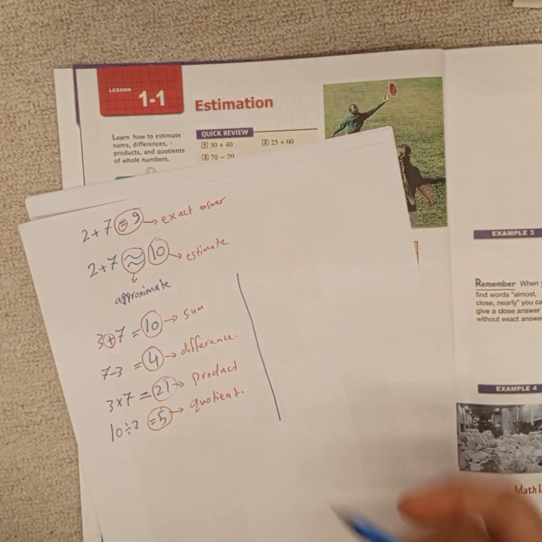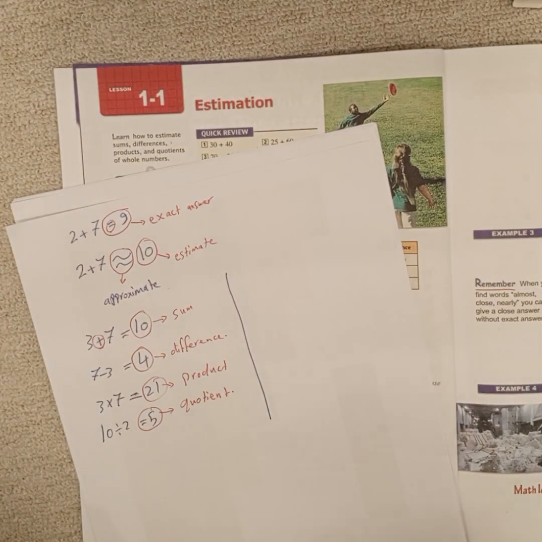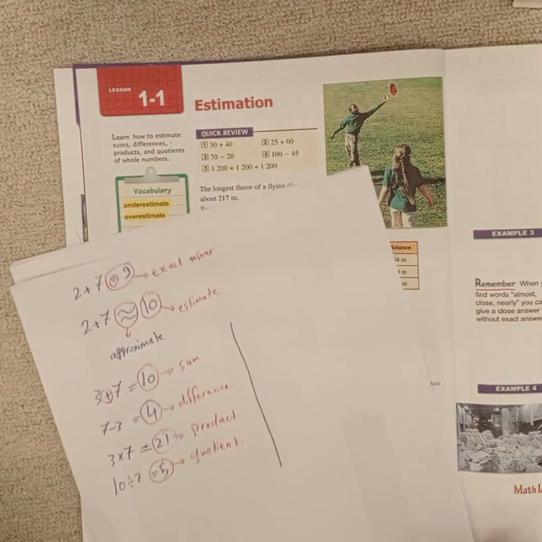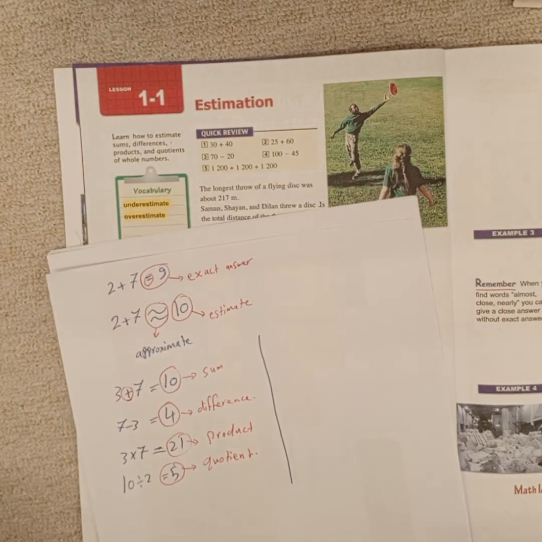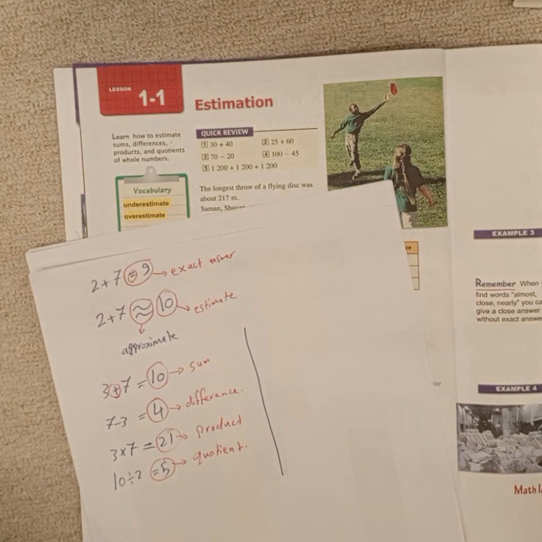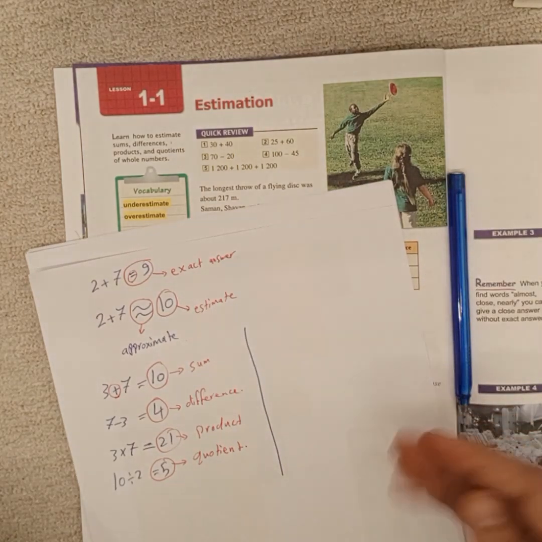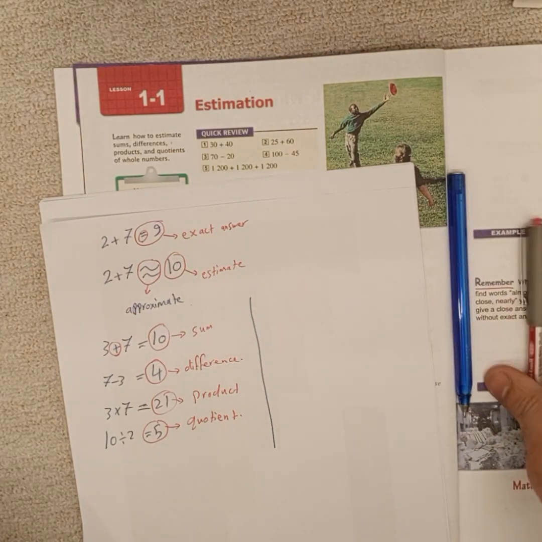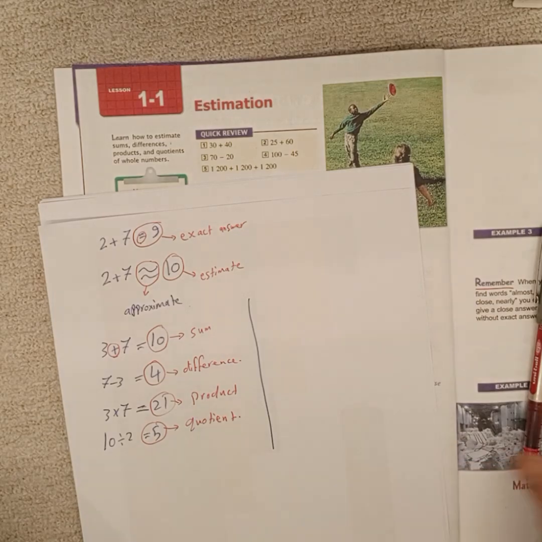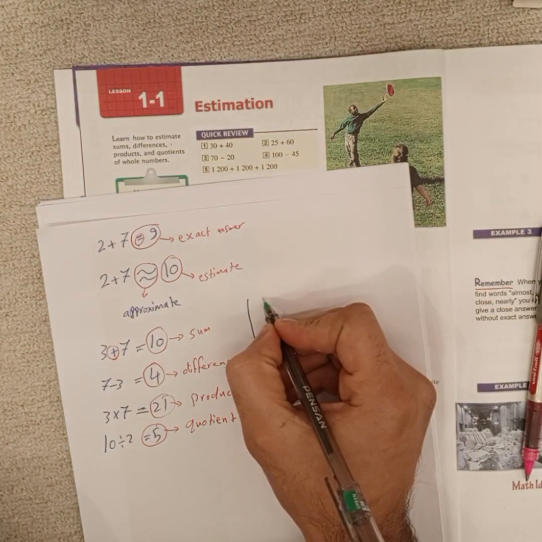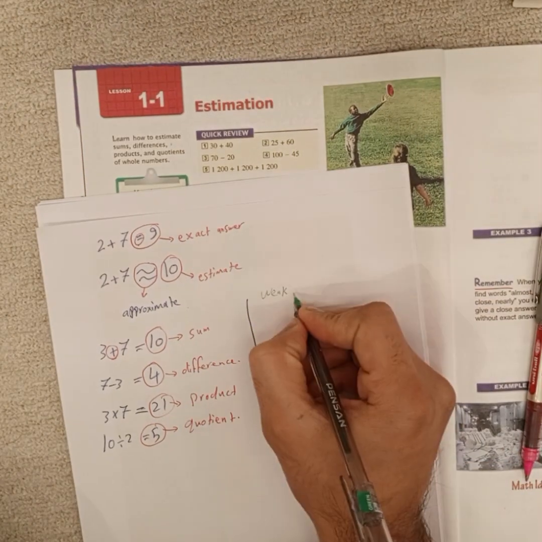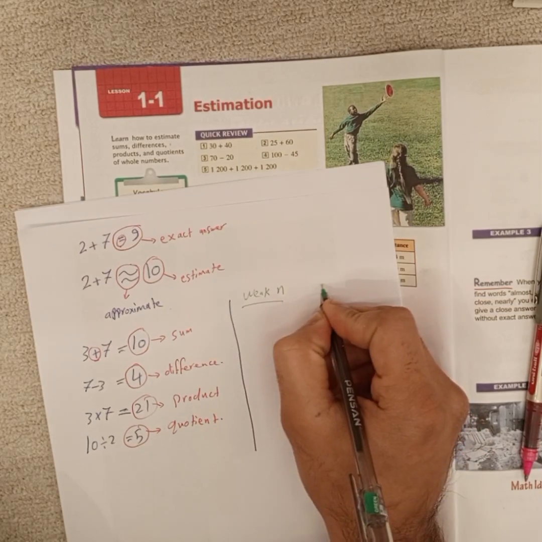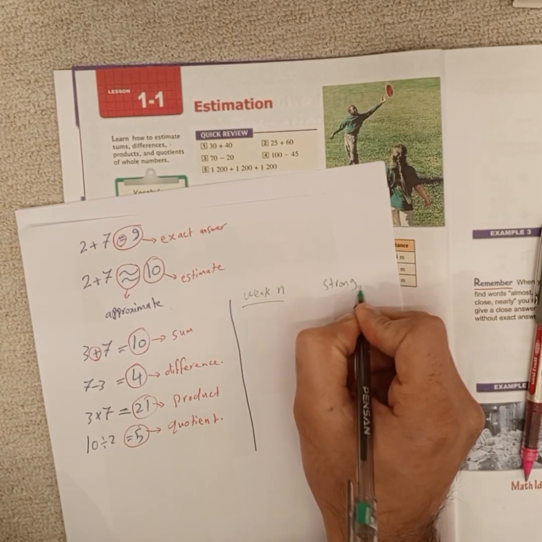So, how to estimate the sum, difference, product? Estimation is approximate calculation. To find the estimate, you need to know how to round the numbers. To round the numbers, we have different types of numbers: weak numbers and strong numbers.